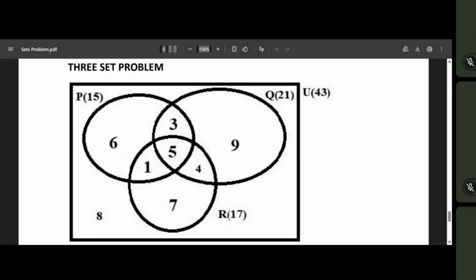The 21 there means that when you add everything along the ring Q, or the oval Q, you should be getting the 21. So you add 3, 5, that gives you 8, plus 4, and that's 12, plus 9, and you have your 21.